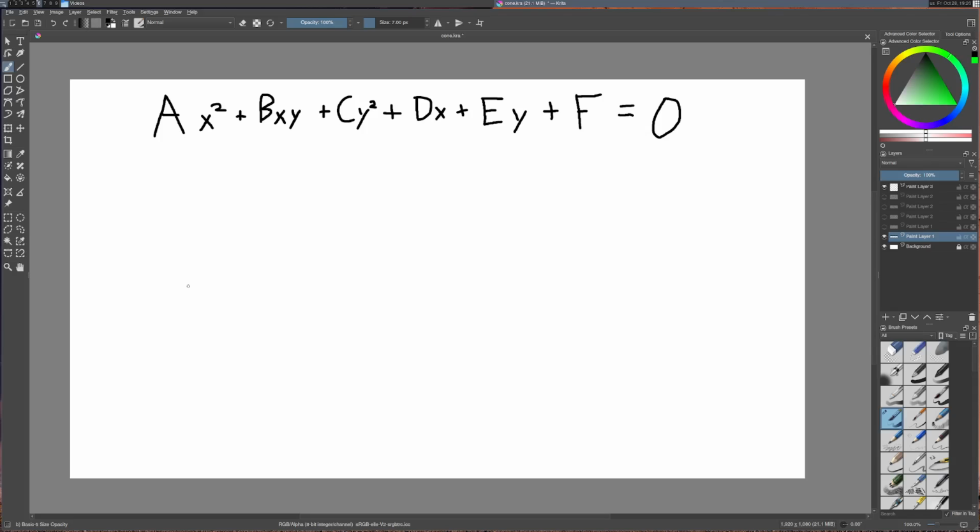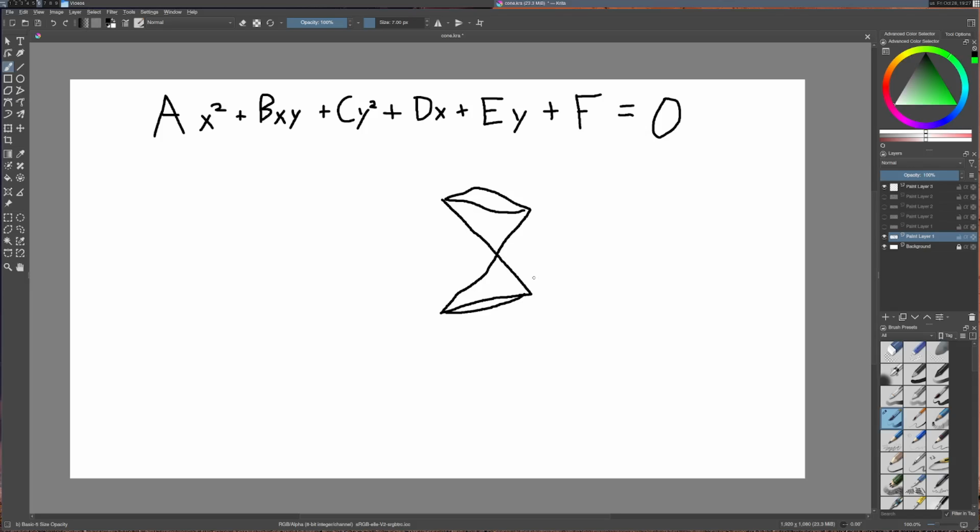So in case you don't know what a conic is, basically it's this equation where a, b, c, d, e, and f are coefficients, and they can be any number. And when you graph them, they'll basically give you a shape that you can get if you take a slice out of a sort of weird cone, like two cones placed like that in 3D space.